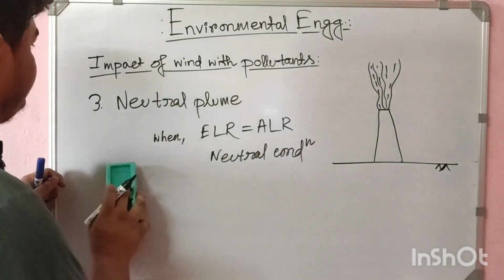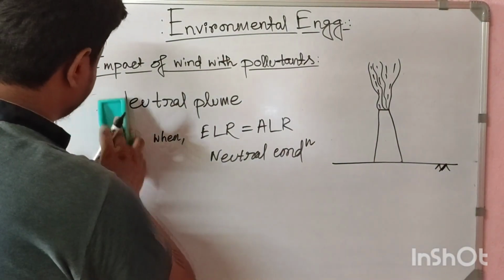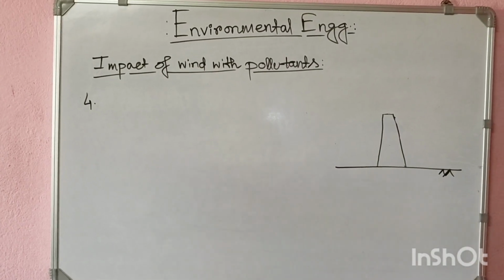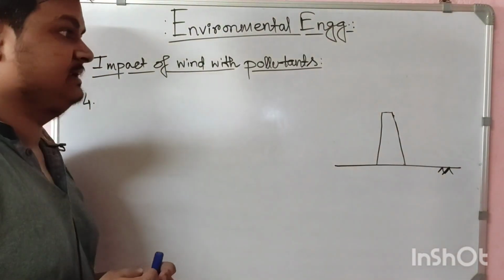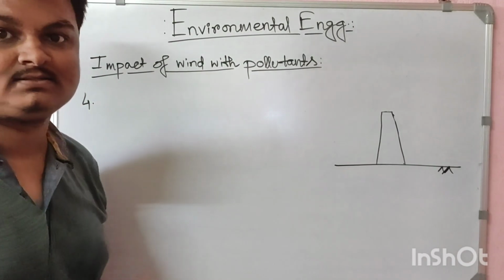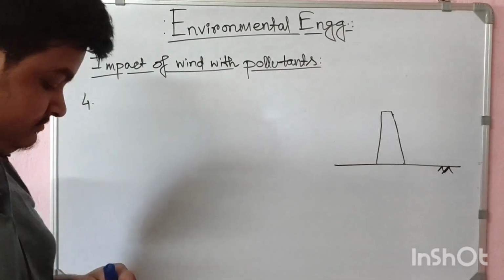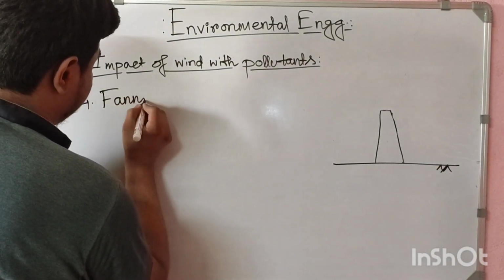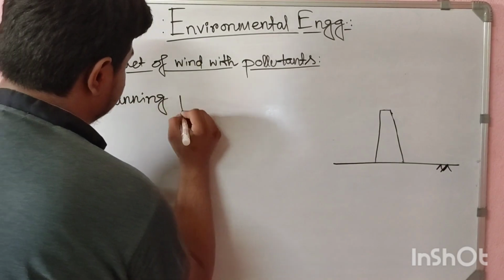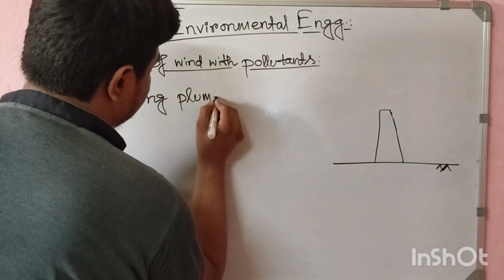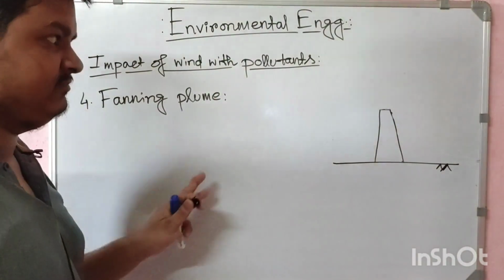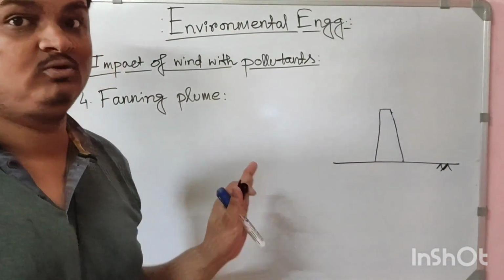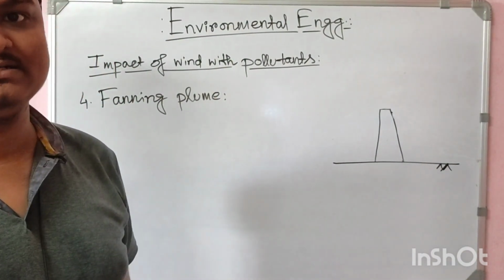And next, come to the next one. Let's see the next one, that is fanning plume. What is the main characteristic of this plume? This plume happens due to the extreme inversion.